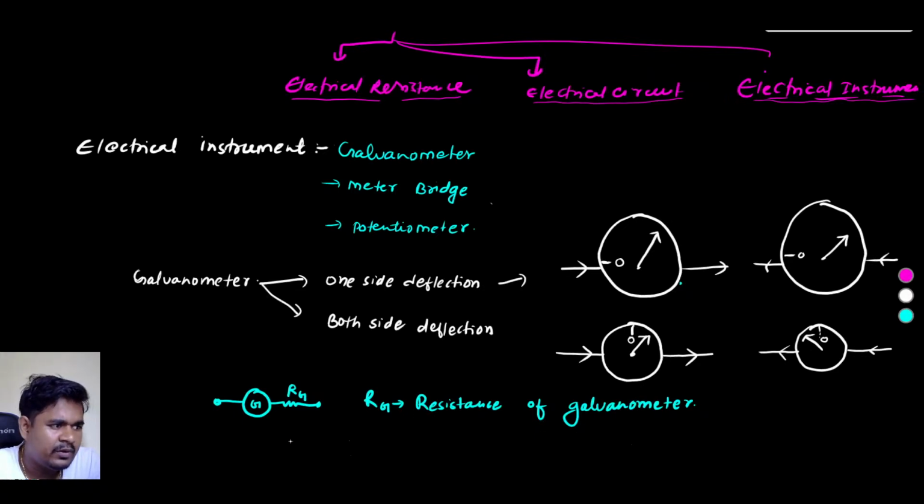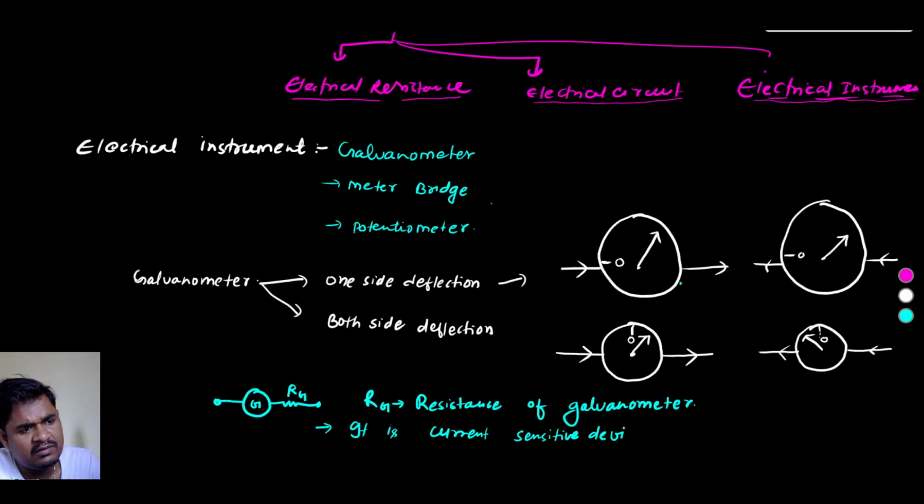Also, a very important point is that the galvanometer is a current sensitive device. Current sensitive device means even a small current passing through it will show some deflection, and it measures small current, not large current, a small current whose range goes from milliampere to microampere.